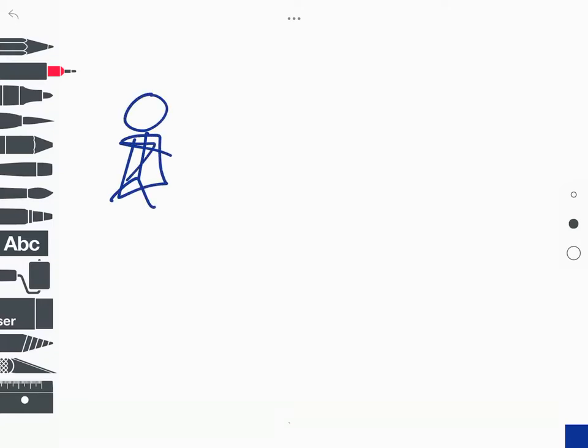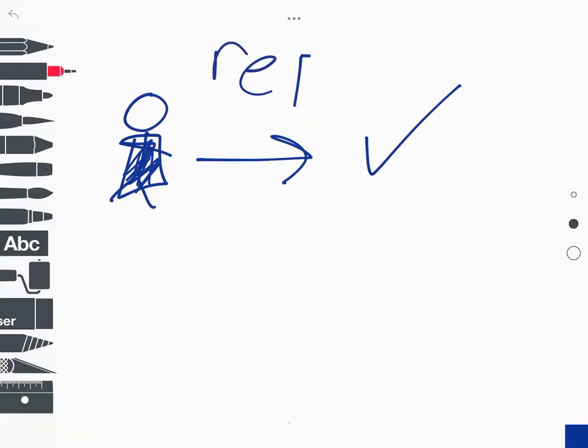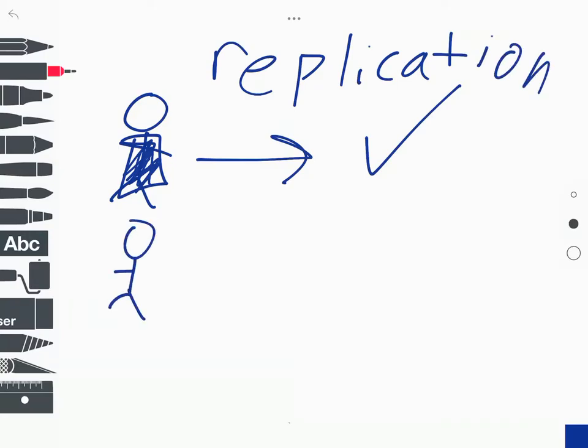Replication, on the other hand, is a little bit different. So let's say you, as a scientist, do your experiment several times, and you get a good result. Now, replication means that other scientists are also going to do your experiment because they need to check that you did your experiment correctly, even though it worked for you.